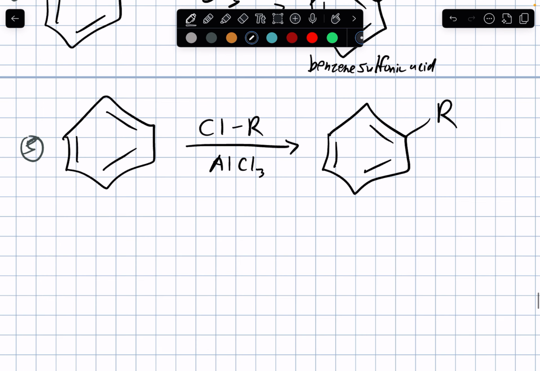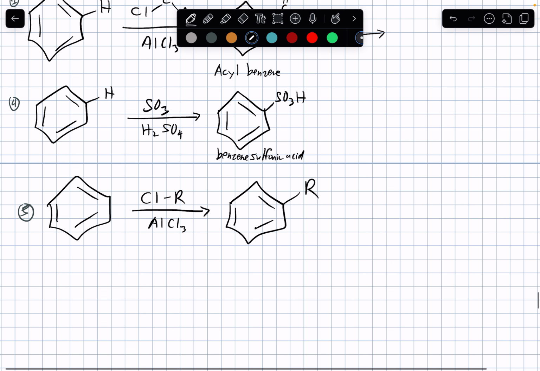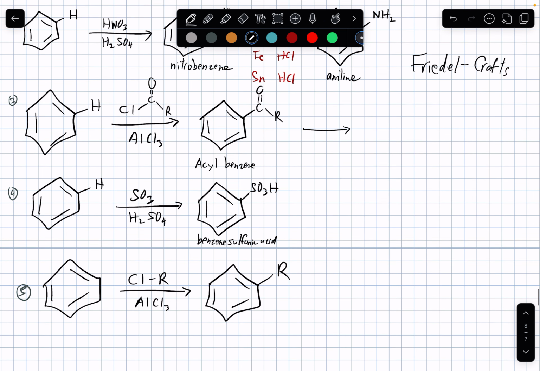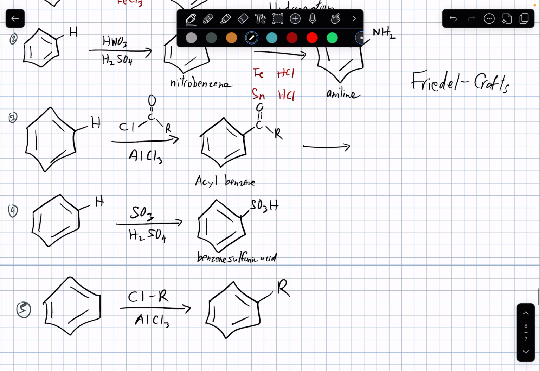So what is the requirement for this reaction? You need an alkyl chloride, this one, and AlCl3 as the catalyst. So it's important to memorize these reactions. They will not be provided in the exam. At least for us, chemical engineering students.